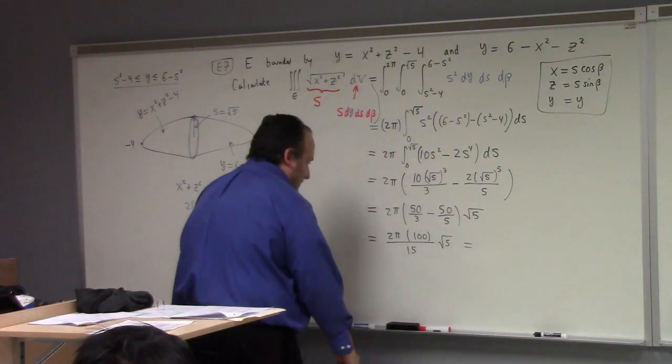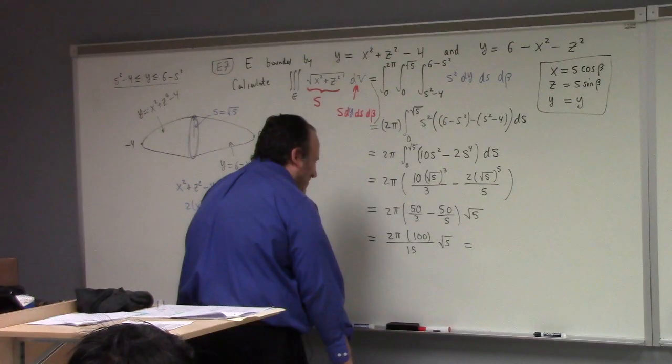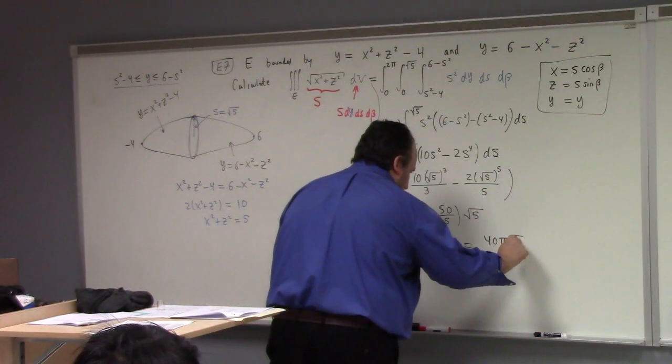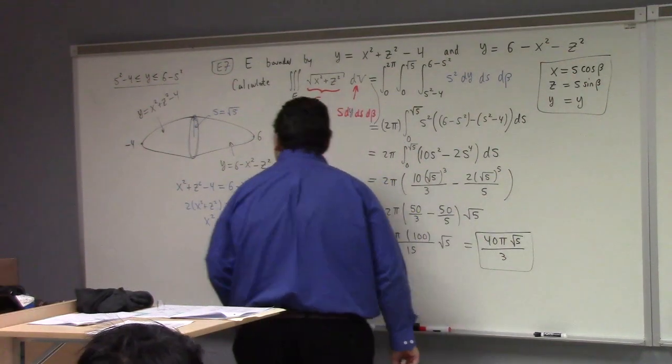So if I haven't made a stupid arithmetic mistake, 40 pi square root of 5 divided by 3 maybe? I don't know.